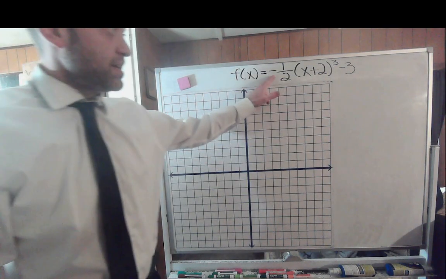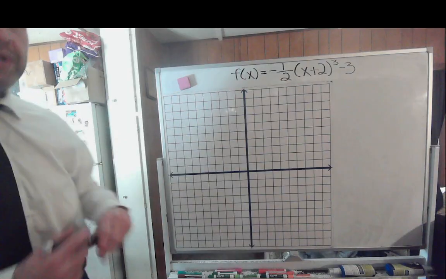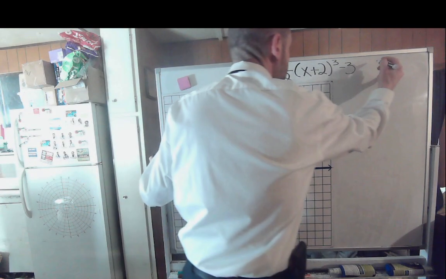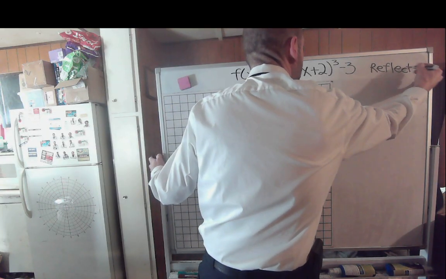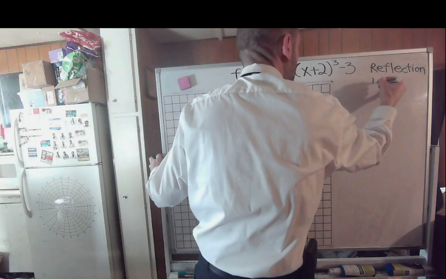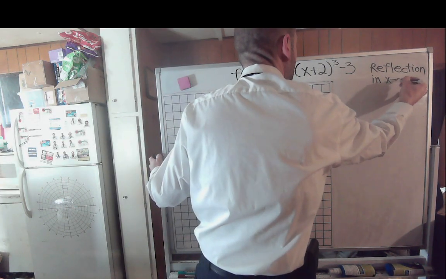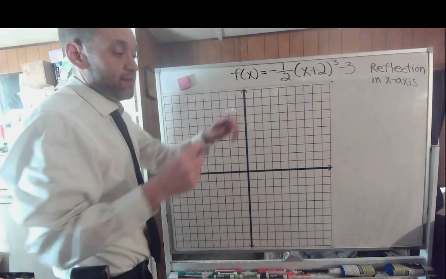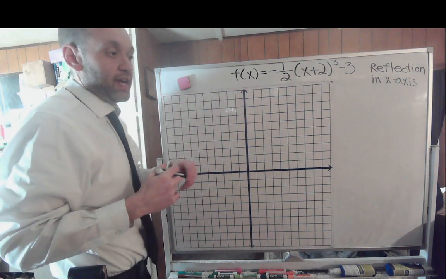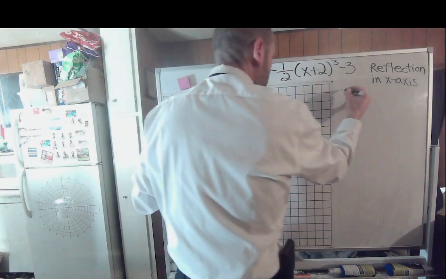You have a negative on that coefficient of 1/2, which means a reflection in the x-axis. So we for sure have a reflection in the x-axis. Now, what's with that 1/2? Let's look at that. That's a vertical shrink of 1/2.